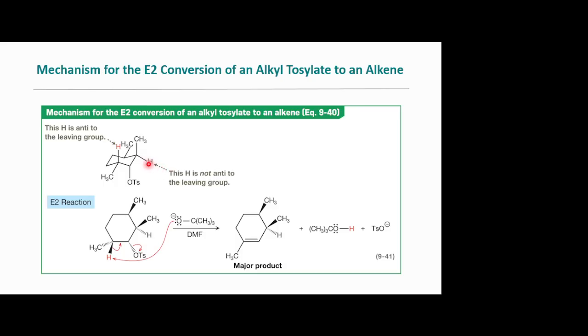This one is actually not anti, and so you can't attack this one over here, which is an interesting thing you may not have thought about. So we attack this one over here. It puts the electrons in our double bond, and our tosylate leaves. This is going to be our major product right there. Very good.